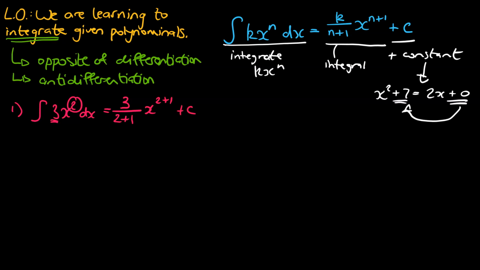We don't know what c is, but we know there may have been a constant at some point. So here we've got 3 over 3, x to the power of 3, plus c, and 3 over 3 becomes 1, so that's x cubed plus c. And if you think about it, that makes sense. If we differentiate this, that becomes 3 times x to the power of 3 minus 1, which gets us to 3x squared, our original expression.